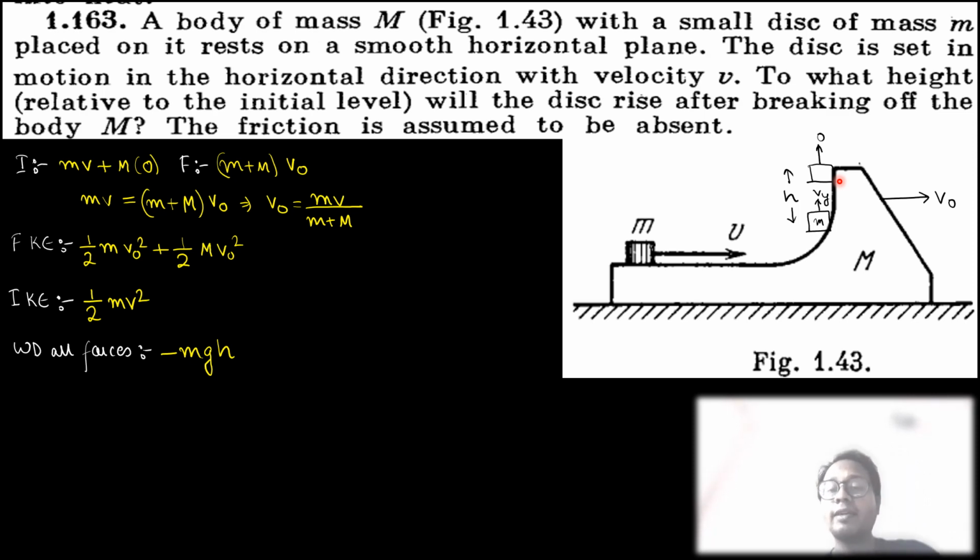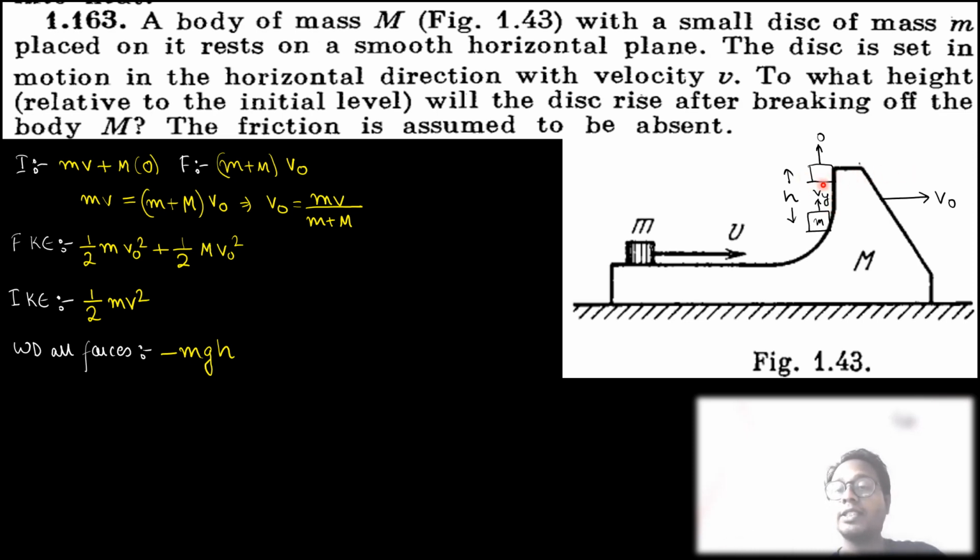Now, some of you might ask whether normal forces are doing work on these bodies. Normal force in this question is an internal force. Although from the ground frame of reference the normal force is doing some work, the negative work done by normal forces on this block is cancelled out by the positive work done by normal forces on the other block, because both have the same displacement in the horizontal direction.